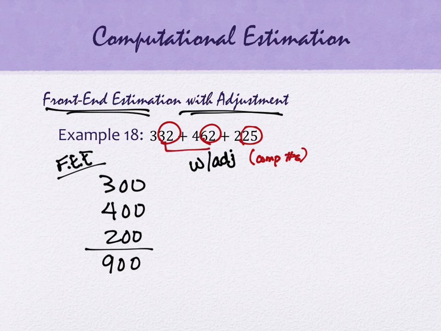So you're taking these two and you're saying, well, this is approximately 100. And then you can keep the last value the same, if there's only 3 digits like there are here. Or you might end up having to group 2 sets of things together to try to get to be 100 or something like that. So we have the 900 from the front-end estimation.